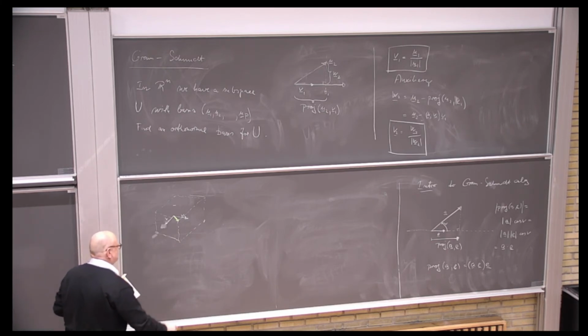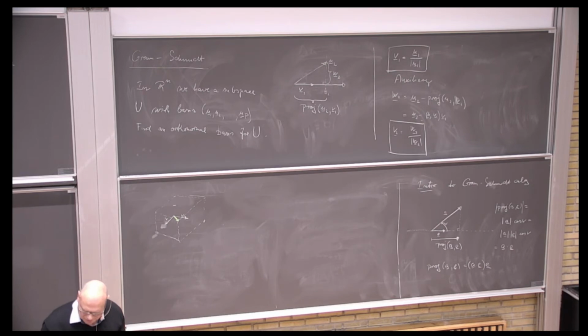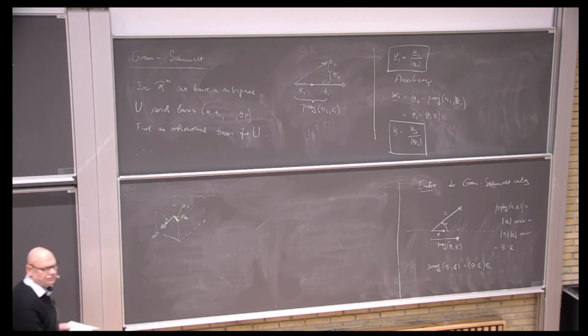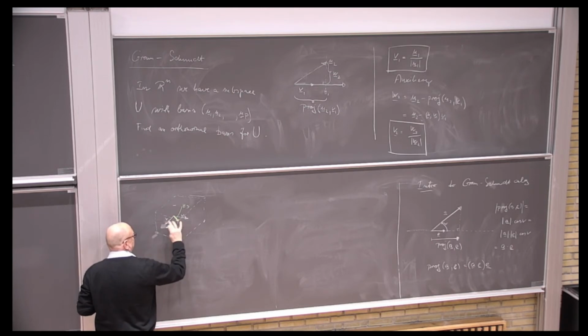Now I do this. I should write here, this is the vector U3. So from this drawing here, I can construct a vector that is orthogonal to these two vectors and which has unit length.